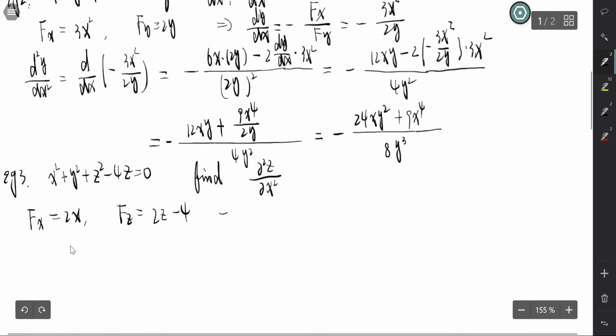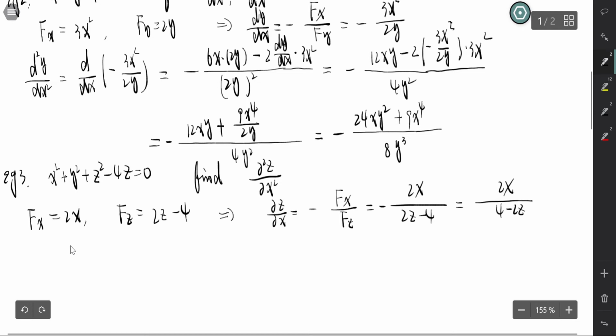So the first derivative, partial z partial x, is negative f_x over f_z, that is negative 2x over (2z minus 4). We can write it as 2x over (4 minus 2z).